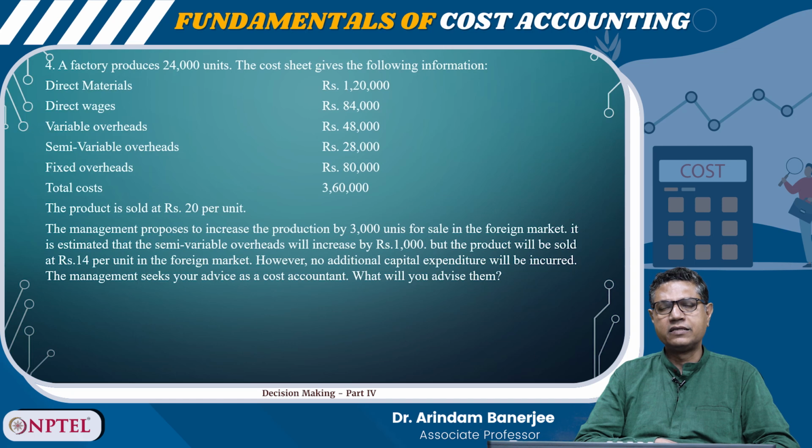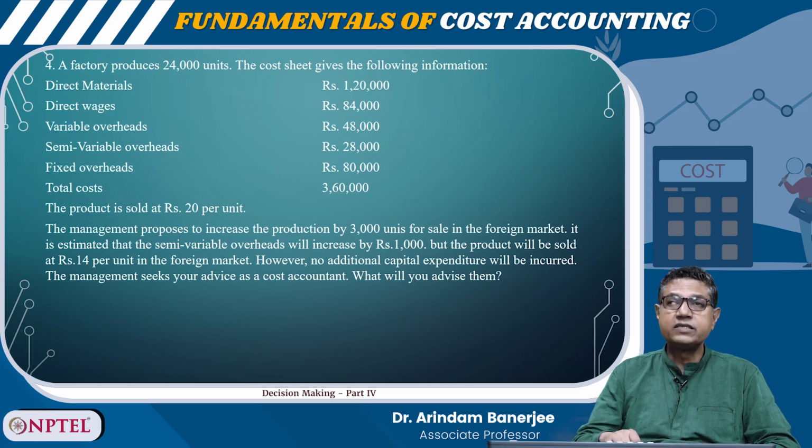Marginal costing is nothing but a kind of variable costing technique. Marginal cost means the unit cost which the company incurs for production of one additional unit. That means basically it is a variable cost. Now, today we will discuss a few more problems and see their solutions, and I would request you to practice along with me.